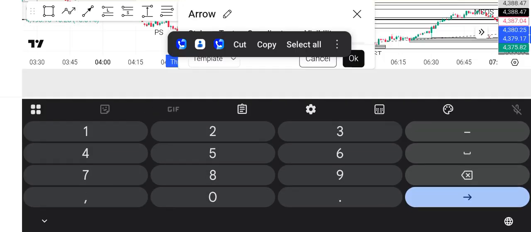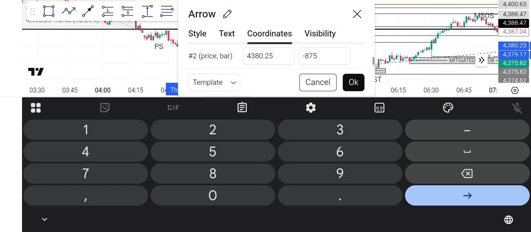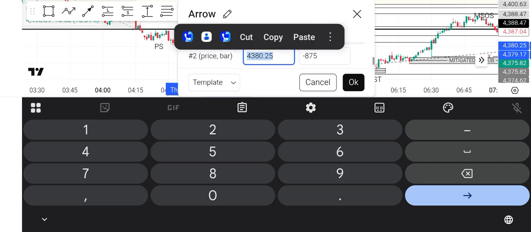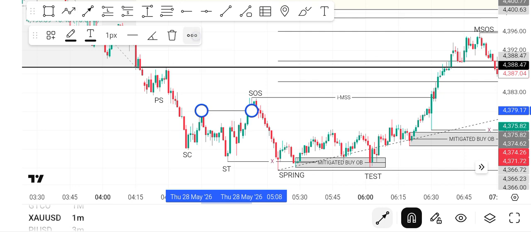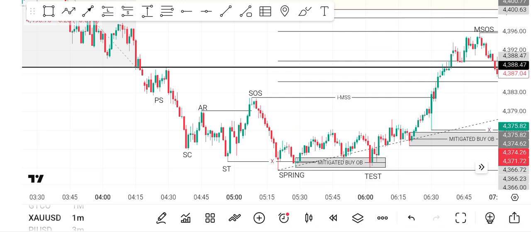Let me transport the data from here to here so that we have a straight line, and just give it lock. So this break of this high, we can say that is a sign of strength, and that is a change of character, like normally what we say is change of character, right?